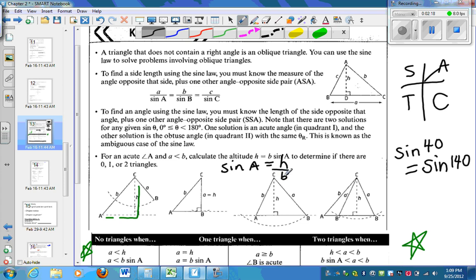So they solved for h. They said h is equal to b sine A. So they're determining that height. That's why we did h.